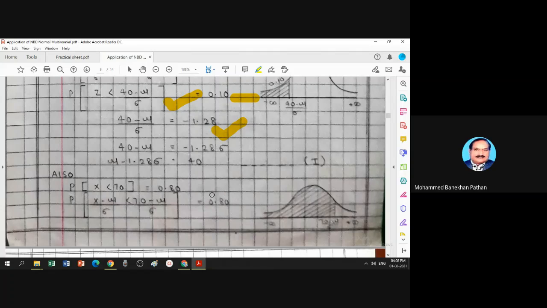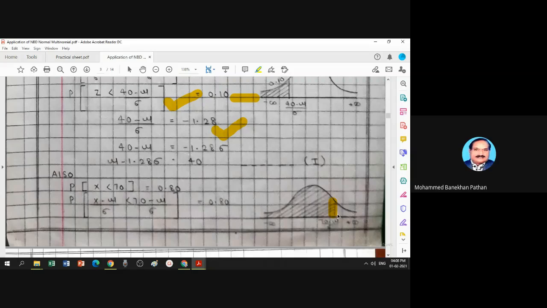But this is more than 0.5, so I have to cross 0. So this is my location of this number, 70 minus mu by sigma, that I wrote here. Now this is above 0, so this number is positive. The earlier one was below 0, that's why I wrote a minus: 1.28 from the book with a minus sign.